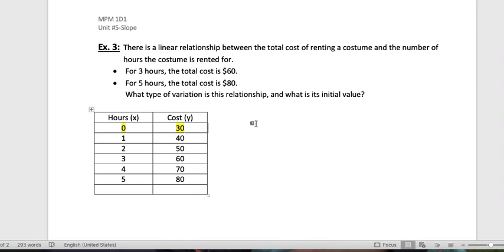So our initial fee, oh my goodness, I am having trouble today. The initial value is $30.